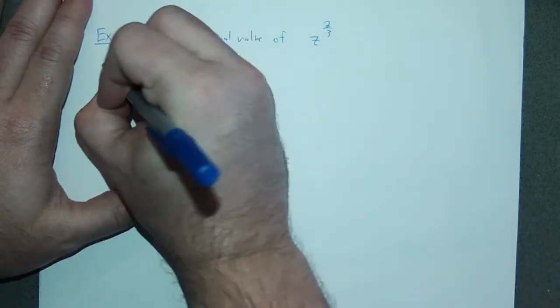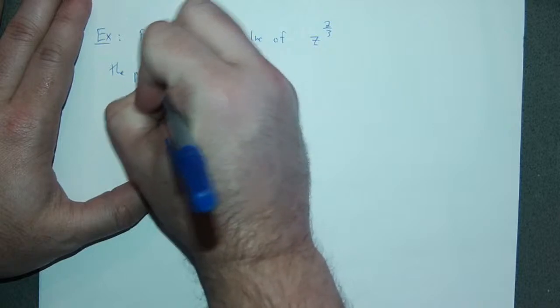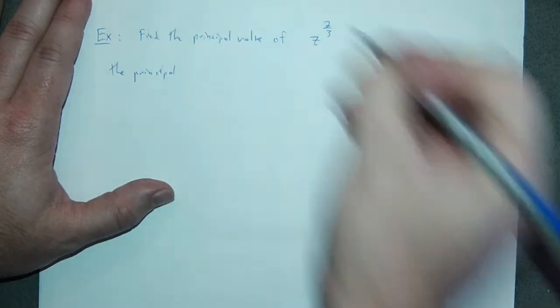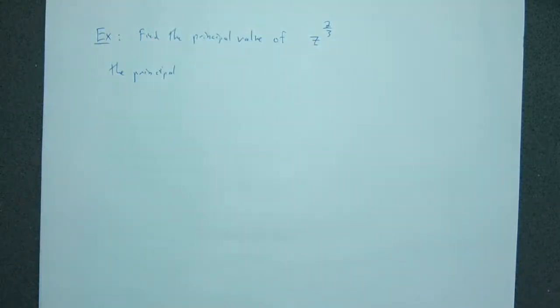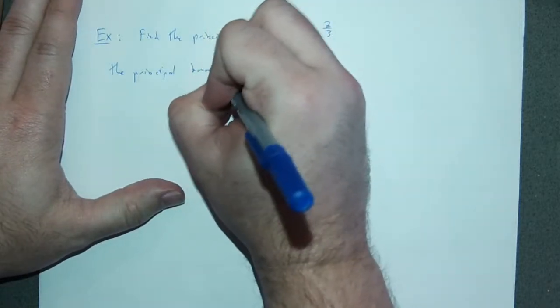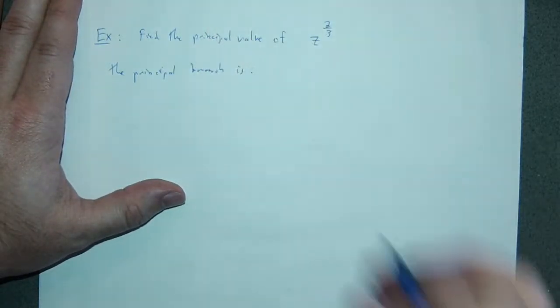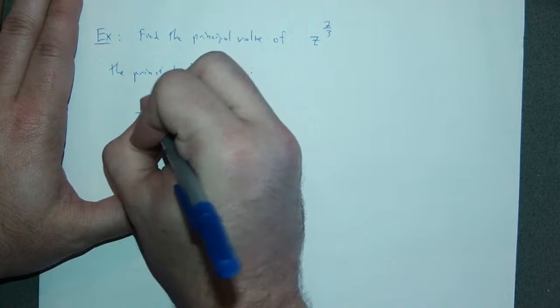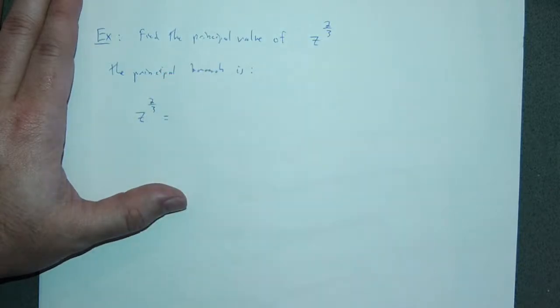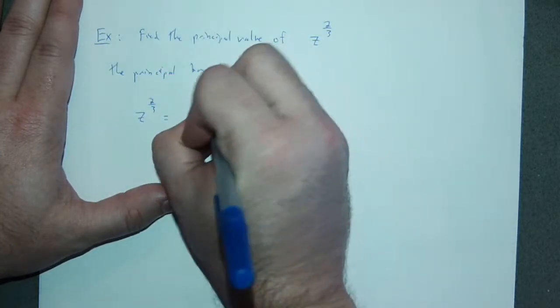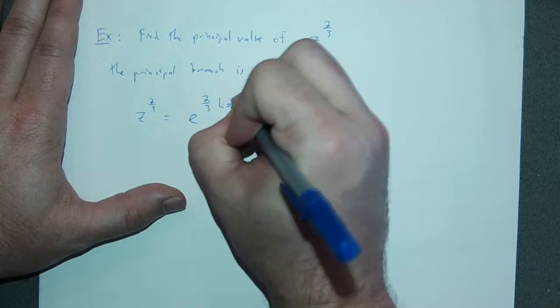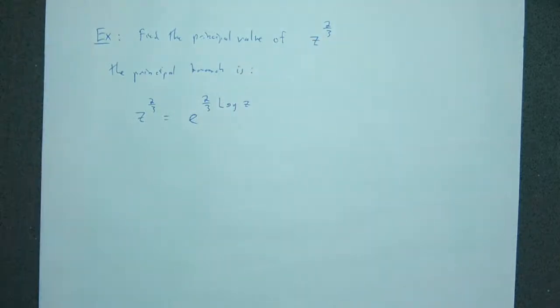Well, the principal branch is given by taking principal log, right, in the definition. So the principal branch is given by the following. So z to the 2/3 is equal to e to the 2/3 log z, that is principal log z.